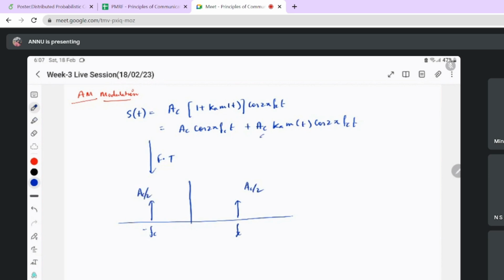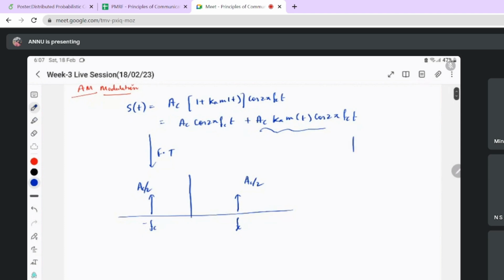So can somebody tell me what will be the spectrum of this if you have m(t) as this one? How will it look like? Shifted impulse centered around fc. How will it be shifted? Shifted message spectrum centered around fc.